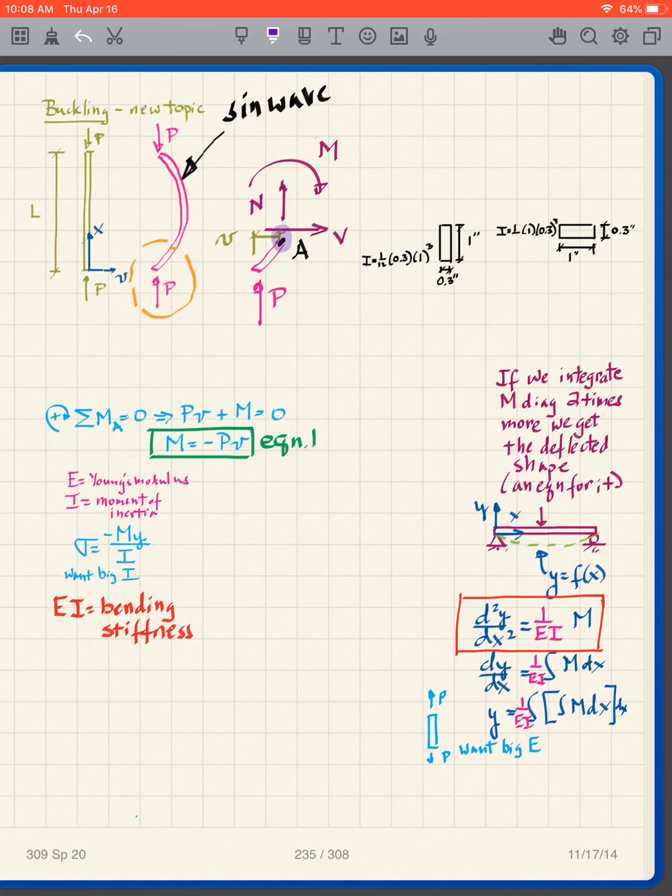The sum of the moments about A equals 0. We have P times v, plus M equals 0. I rearrange that and I get M is equal to negative P times v, and I'm going to call that equation 1.